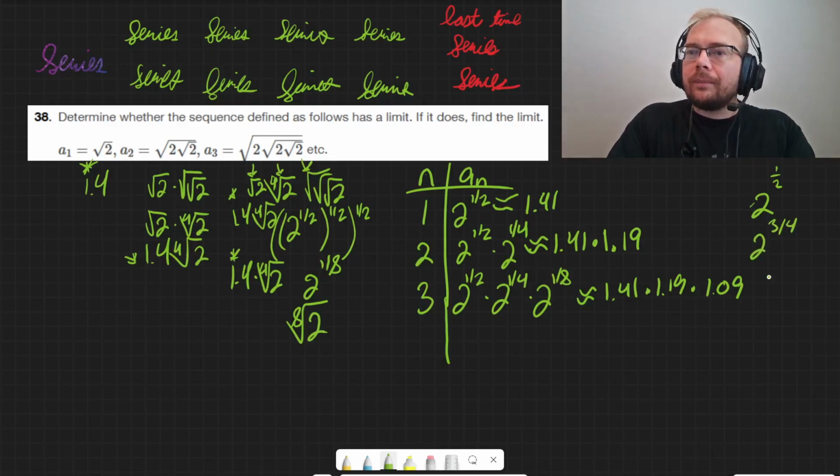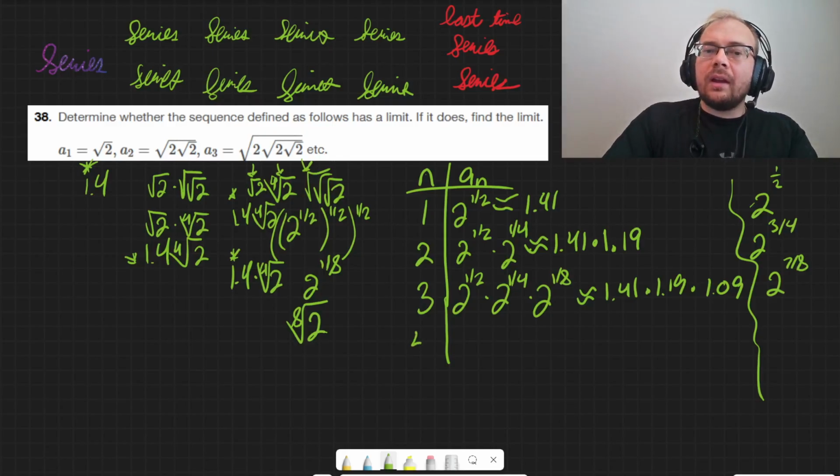Then this would be 4/8 plus 2/8, so 6/8, and then 7/8. So it looks like that might help us to write our series explicitly.